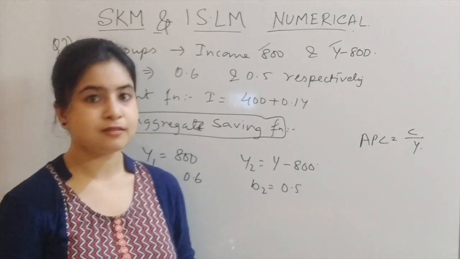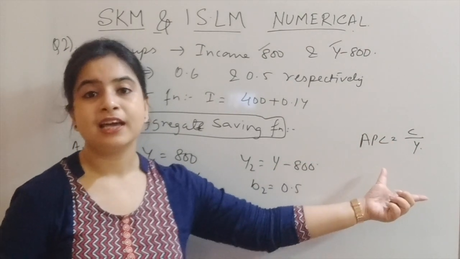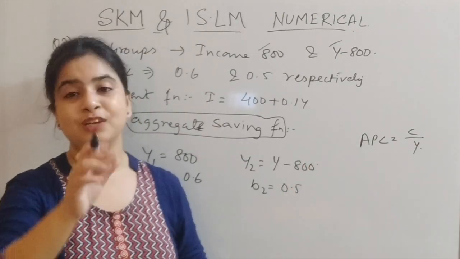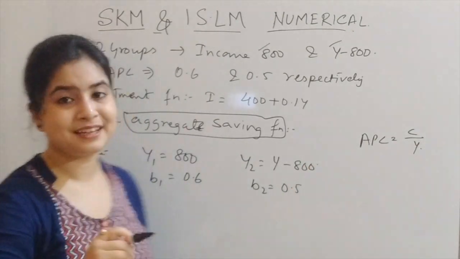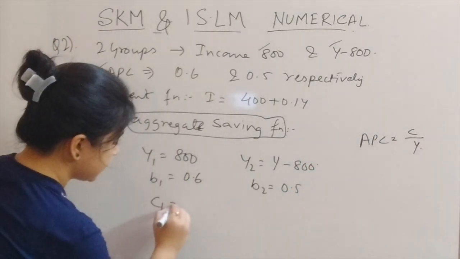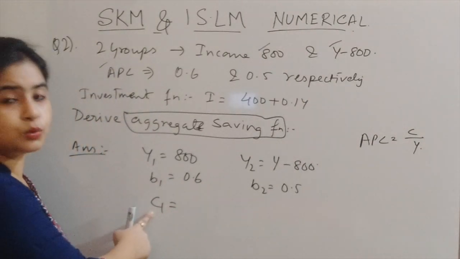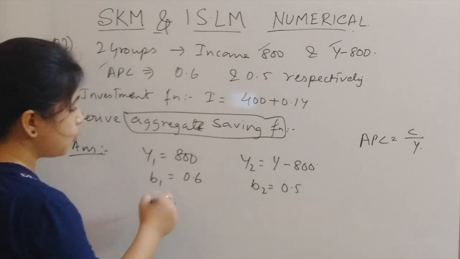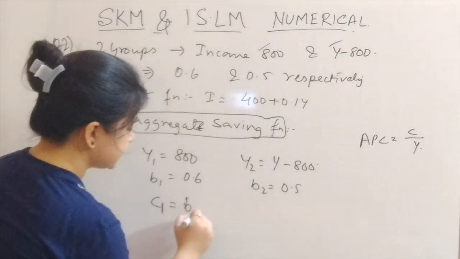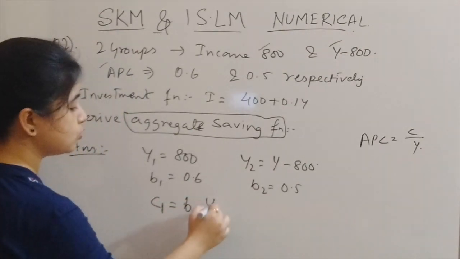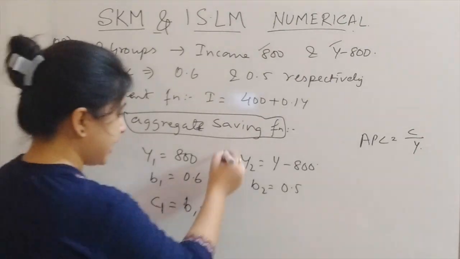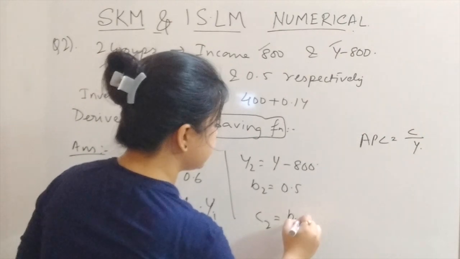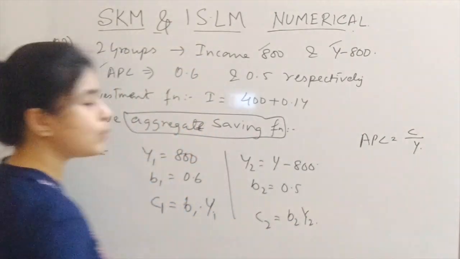So if we reuse this formula in order to get the consumption function of the two groups, that will help us. So the consumption function of group 1, I am writing it as C1, is equal to B1 into Y1, and similarly C2 will be equal to B2 into Y2.